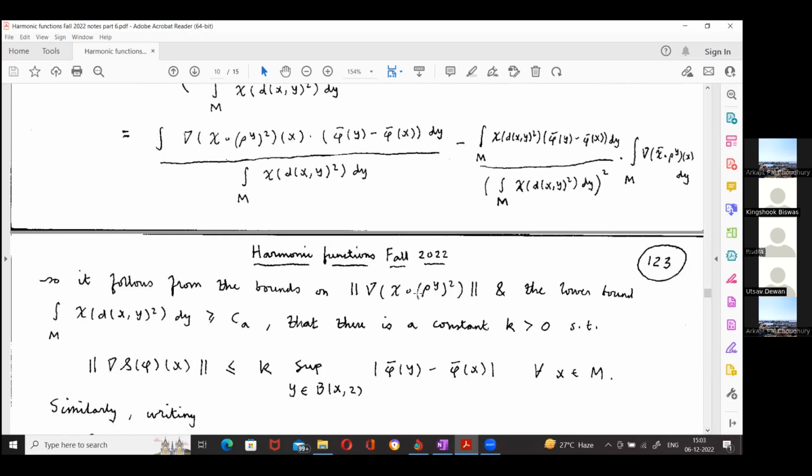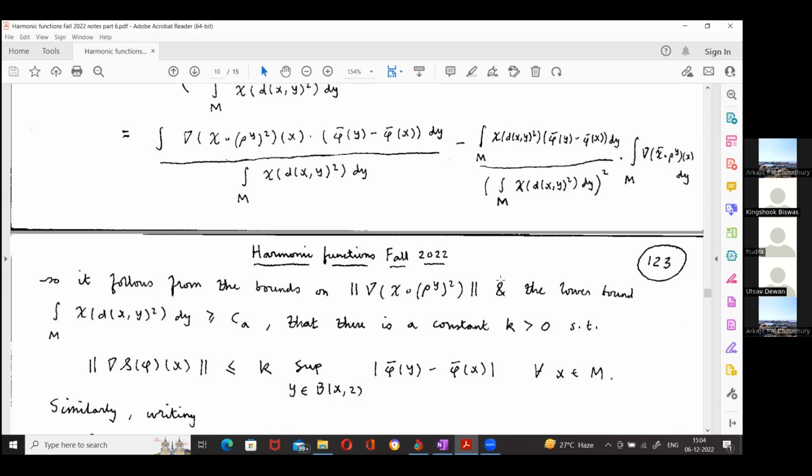Now we have a uniform bound on this gradient of chi composed with rho y squared. This we just proved: it is less than a constant, independent of y and x. And we have a lower bound on this denominator, the integral of chi of dxy squared dy, which is bigger than some constant depending on a. So I get an upper bound on one over this, and an upper bound on this numerator.